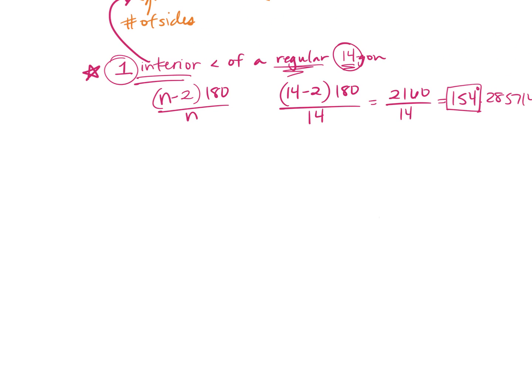All right. What if I give you something like this? It's not a regular polygon. It's just a polygon. First thing you should look at is what kind of polygon. So 1, 2, 3, 4, 5 sides. It's a pentagon.